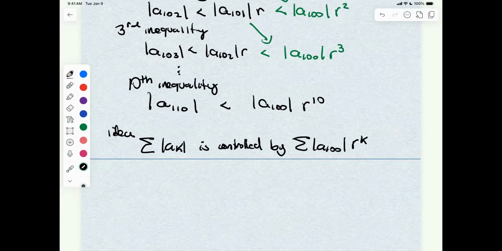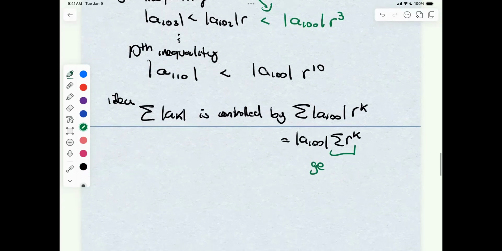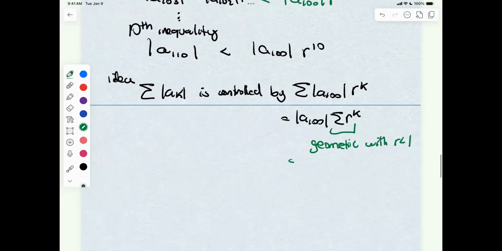But this is then a geometric series with R less than one, which converges because of how we know geometric series behave. So it is geometric, with R less than one, so it converges.